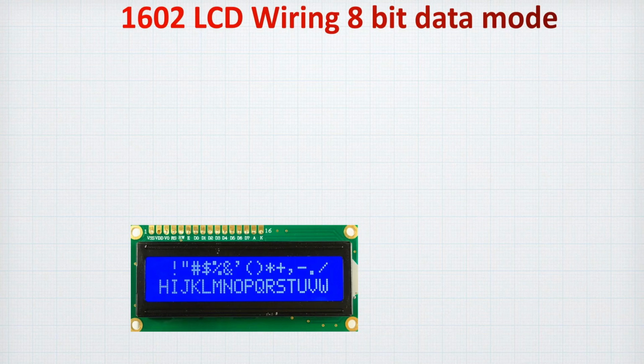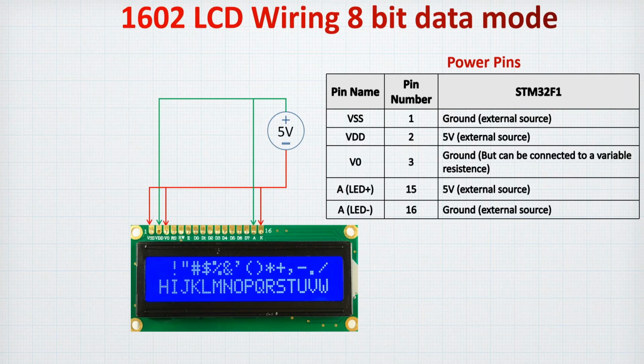So this is our LCD, and we are going to first wire the power wires. As you can see, the red one is the ground that we are going to connect, and the green one will be the power.